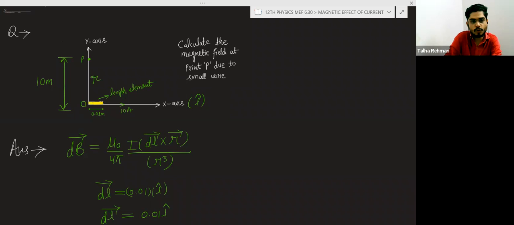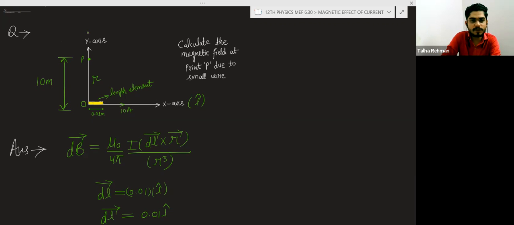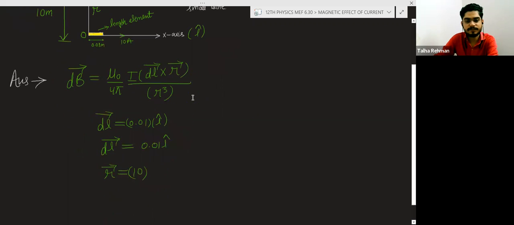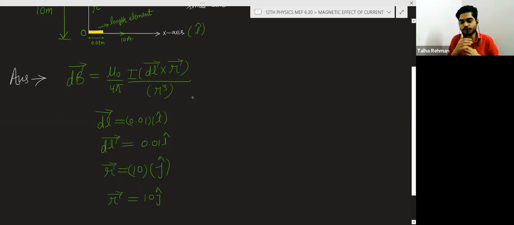Suppose this is point O. OP is the r. And what is the direction of the OP? OP is along y-axis. So what is the unit vector along y-axis? Means j cap. So write here j cap. So your r vector will be 10 into j cap.